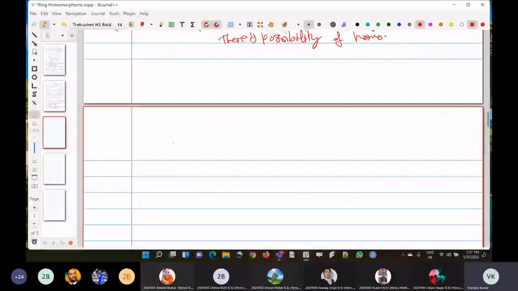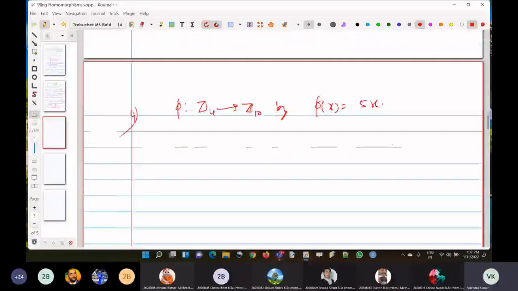Let us consider the next example, example number 4. Let us define phi from Z4 to Z10 by phi of x equals 5x.